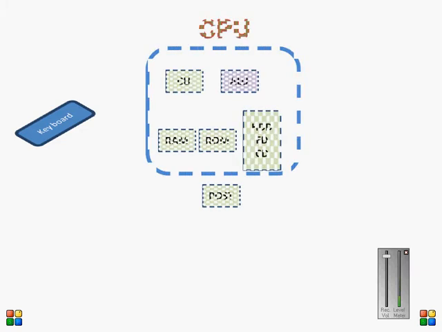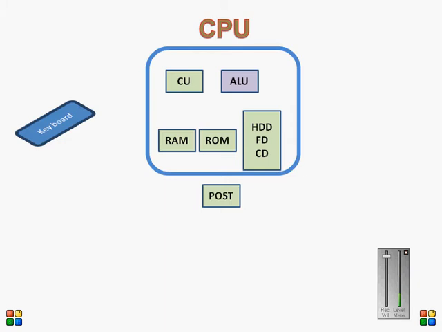And in this slide we will see how actually the process is performed between the keyboard, the CPU and the monitor. The keyboard is a standard input device, and the monitor is a standard output device. When we enter the input, we will be seeing the output on the monitor.